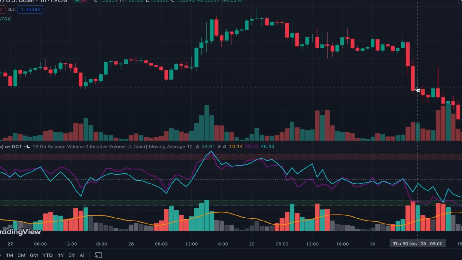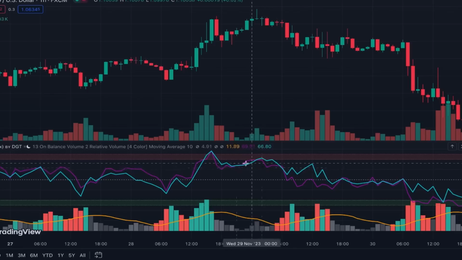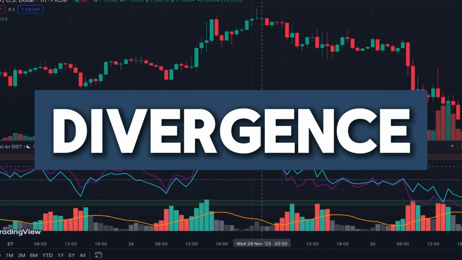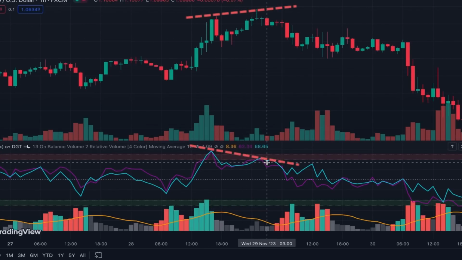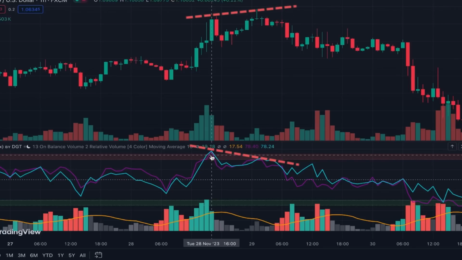But the best signal that we can get from this upper part of the indicator is divergence signal, where the price and the indicator don't agree in the same direction. For example, here you can see that the price made higher high, but at the same time RSI made lower high, showing that the upside momentum is weakening and we have increased downside momentum. And OBV, the blue line here, is also showing divergence.